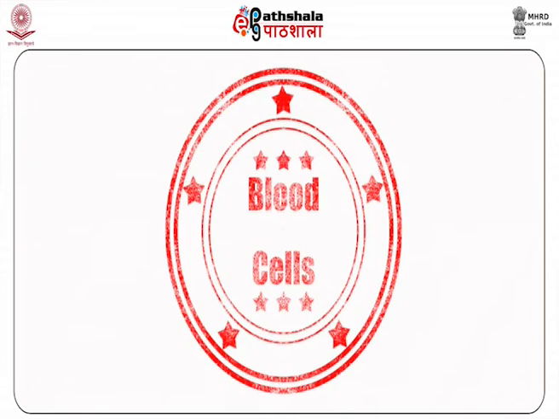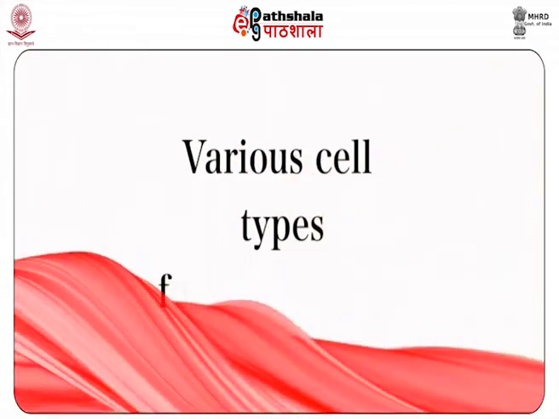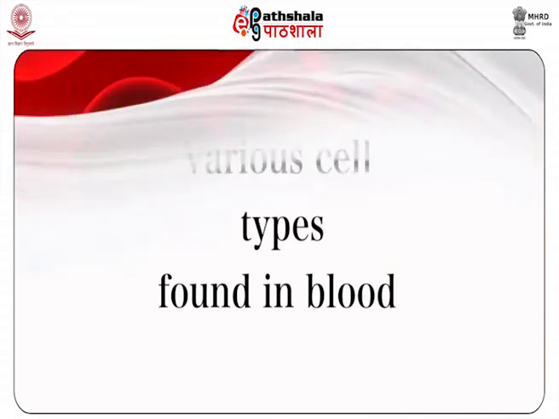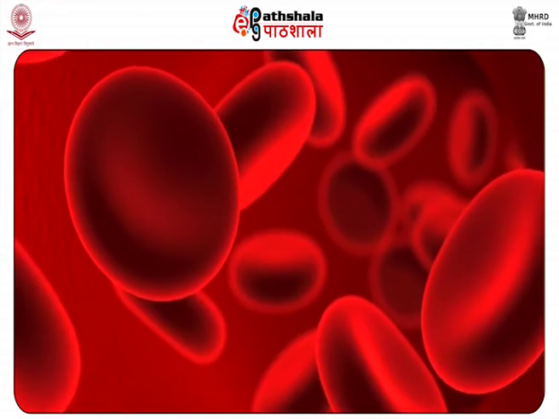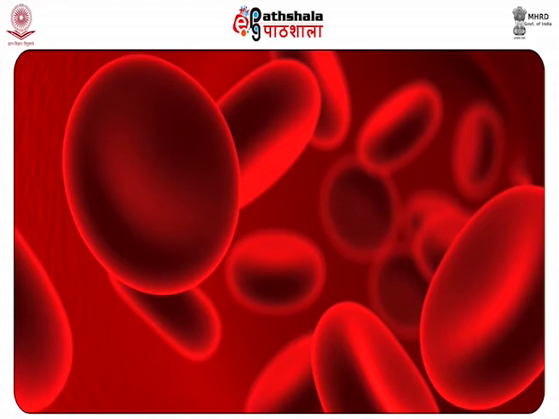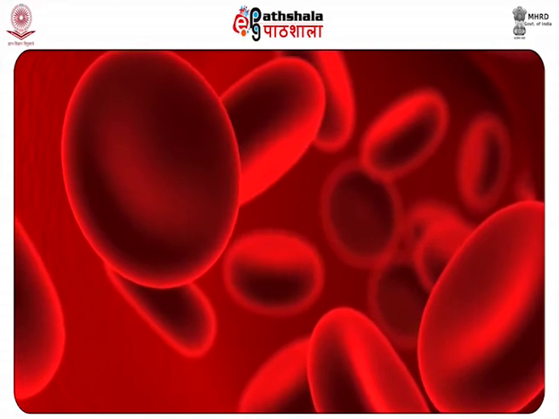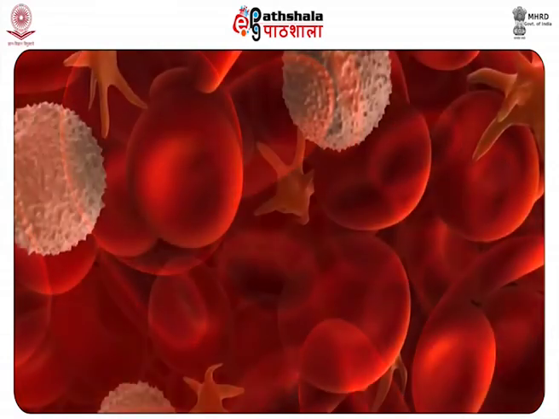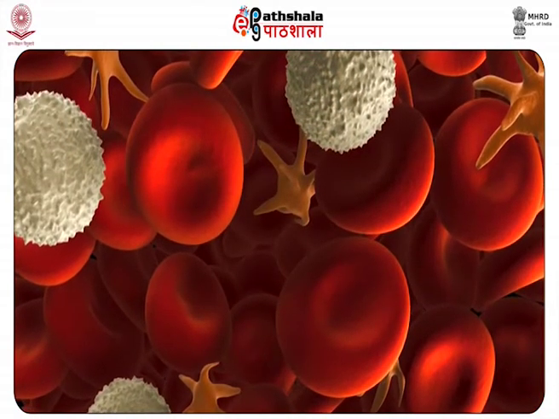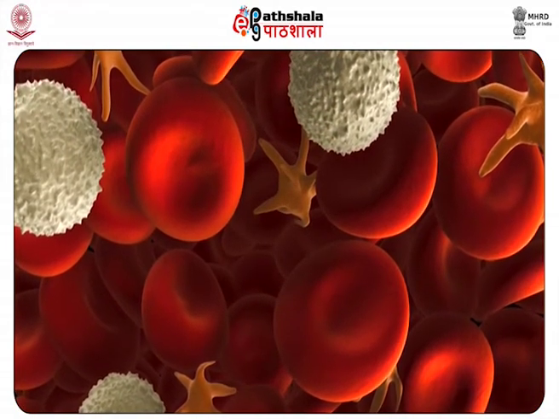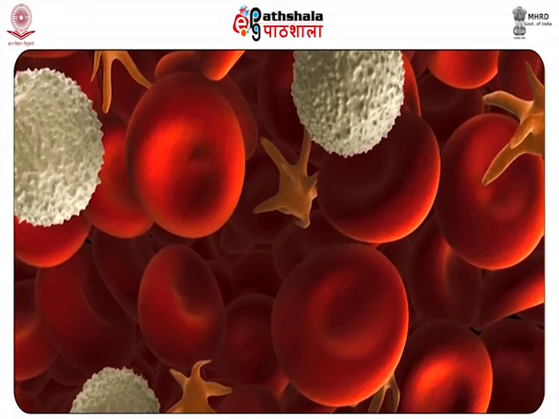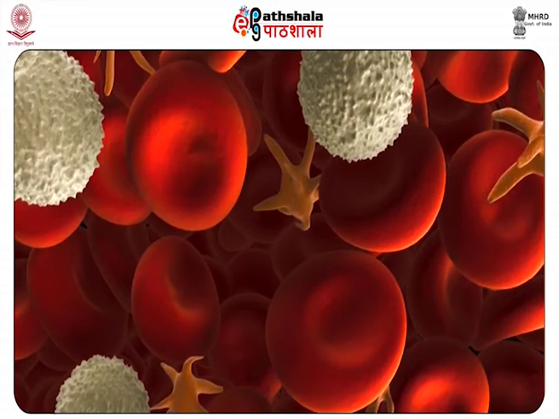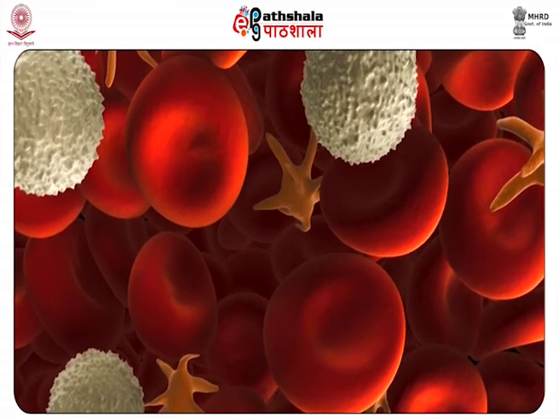Moving on to blood cells, various cell types are found in blood. Blood cells can be characterized on the basis of presence or absence of a nucleus. Mature RBCs and platelets do not contain a nucleus. WBCs, on the other hand, contain a nucleus and mitochondria.